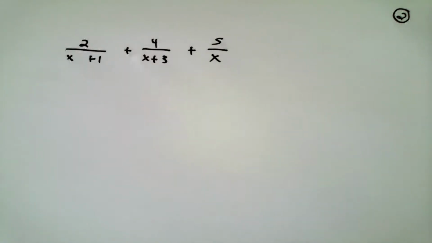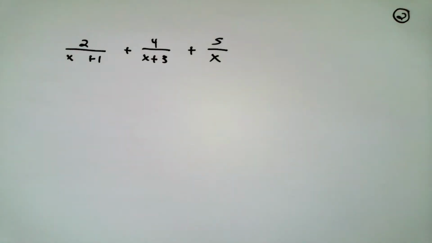As another example of this, think about 2 over (x + 1) plus 4 over (x + 3) plus 5 over x. This time the common denominator is going to be (x + 1)(x + 3)(x), and we can write this as a single fraction as before.